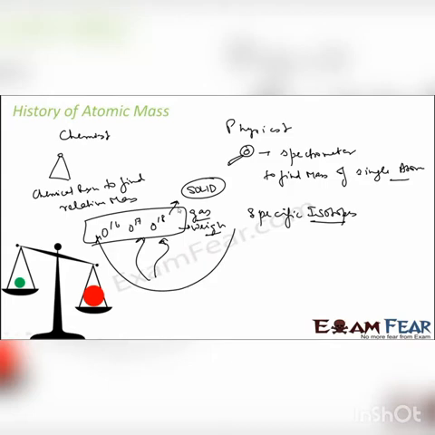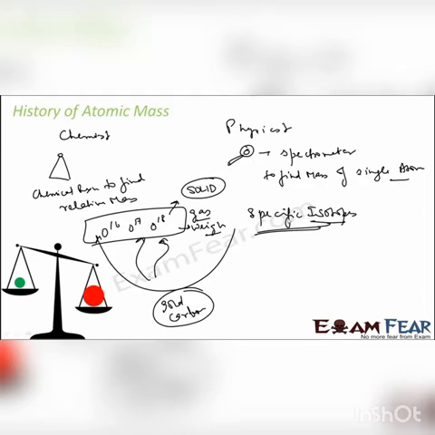Gold was one good contender, carbon was one good contender. They were looking for something solid with which they can react something and get the final product, and easily weigh the gold or carbon. Also, physicists were not happy, because they were looking for the atomic mass of specific isotopes, right?